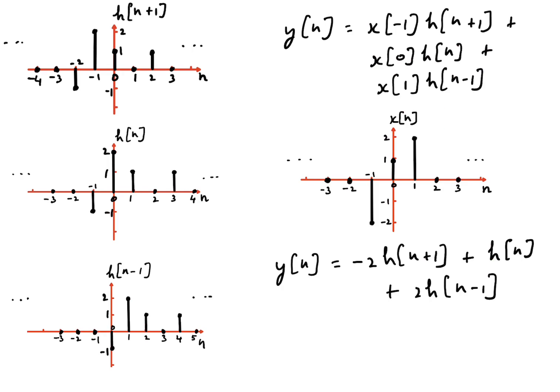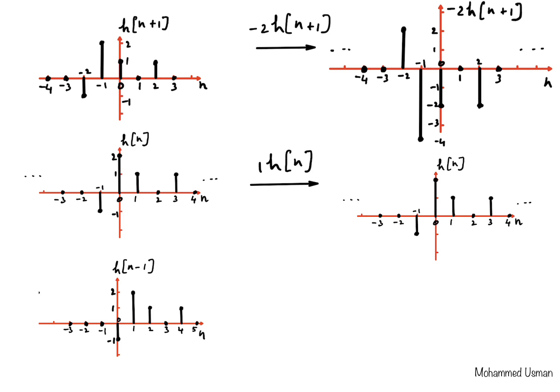Now h of n minus 1 is scaled by a factor 2, because x of 1 is equal to 2, which is this sample here. So we have to multiply this h of n minus 1 by 2, that is scale it by a factor of 2. So basically we are going to write it as 2 times h of n minus 1.